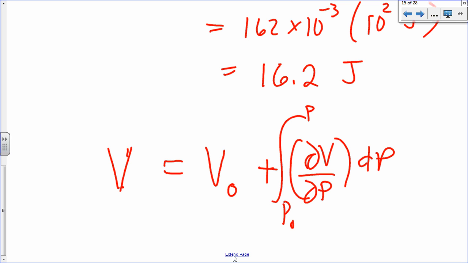What property of the system would you have to look up to get this partial of V with respect to pressure? That's just negative V times kappa sub T. Kappa sub T, at constant temperature, is your isothermal compressibility. Right? So you need to look that up and plug it in. So now you'll have this as a function of pressure. Okay?